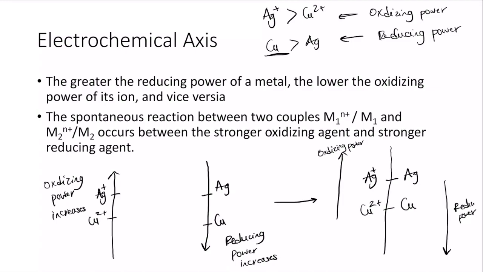So that's how we form the electrochemical axis, by comparing oxidizing power and reducing power.